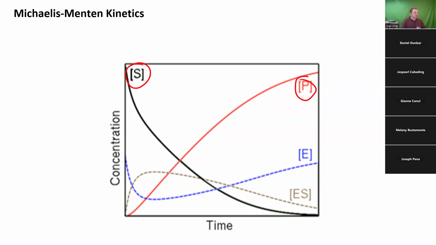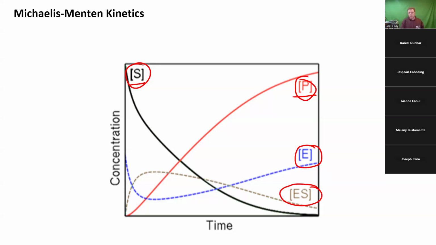So we'll use the concentration of S and the concentration of P. Also present in an enzyme catalyzed reaction is the free enzyme concentration, represented by E. And then we are also concerned with ES, which is our enzyme substrate complex. These are all the things that change and that we monitor.